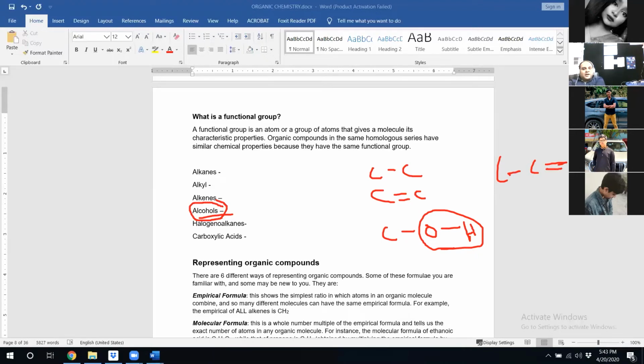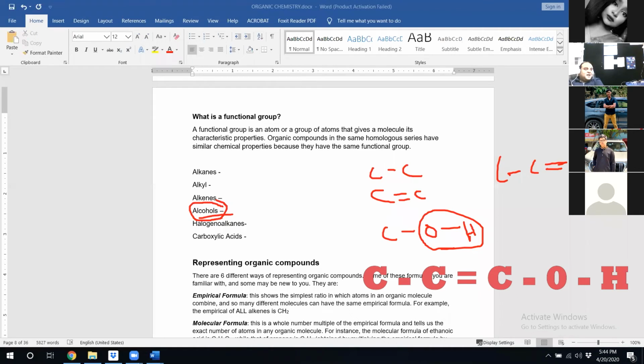So এখানে we have a carbon-carbon single bond, a carbon-carbon double bond, and also an OH group. তখন কী? Which family does this compound belong to? Sir, is it alkanes? No.